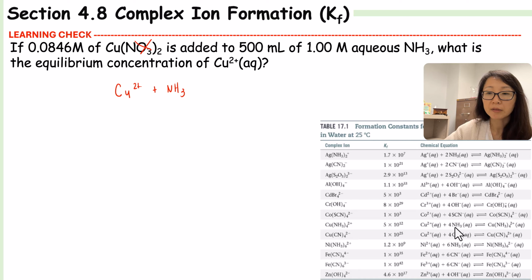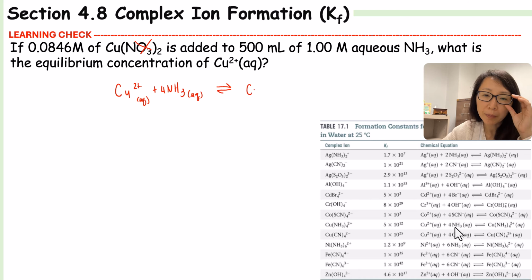And that takes 4 ammonia. And then this goes into forming copper NH3 4, 2 plus. How do I know that?